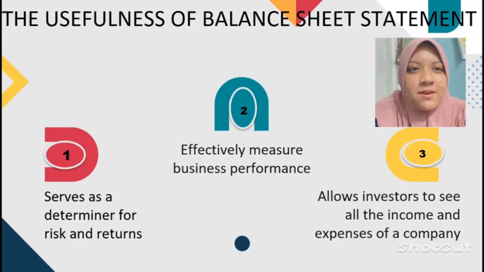The usefulness of the balance sheet statement. Balance sheet means the company's financial statements include assets, liability and equity, capital and total debt, and so on at one point in time. A balance sheet includes assets on one side and liability on the other.